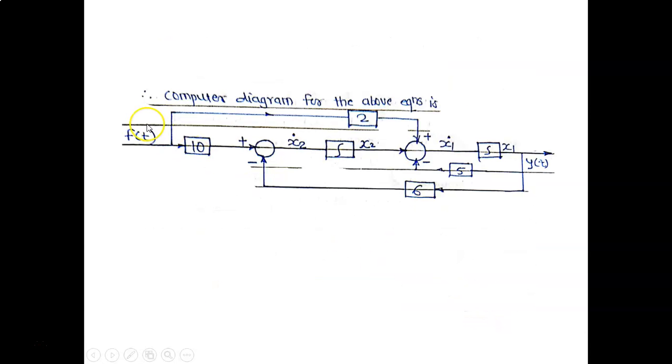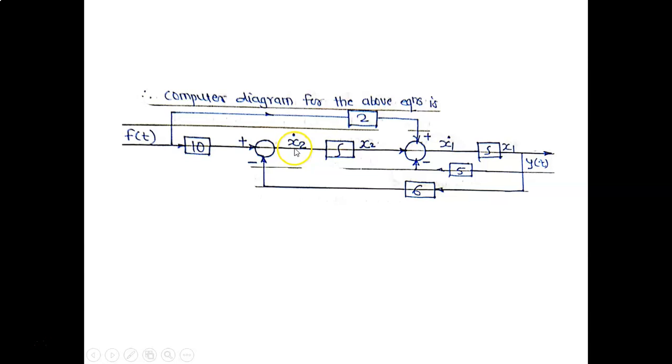Therefore first of all f(t) is multiplied by 10, and again it is fed back to this summing point. After the summing point the output is x2 dot, the integration of x2 dot is x2, again it is fed back to this summing point. Again the output from this summing point is x1 dot, the integration of x1 dot is x1, output is y(t), therefore y(t) is equal to x1.